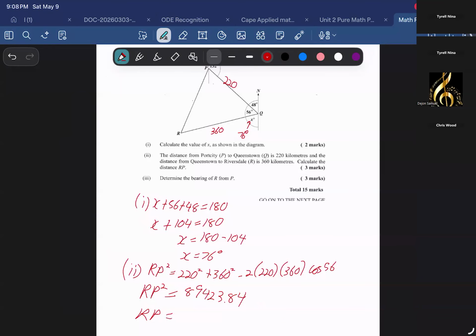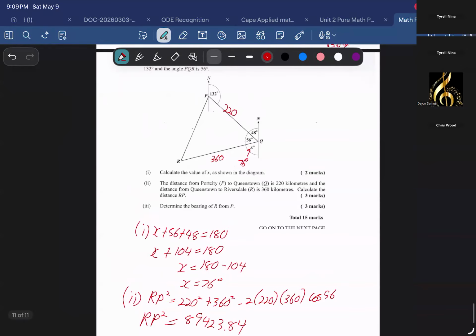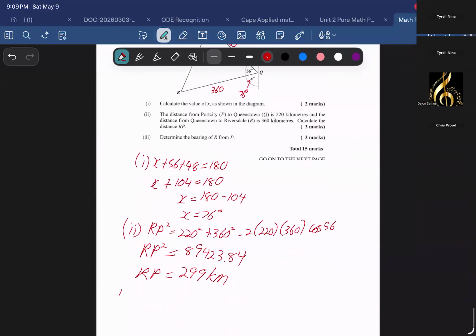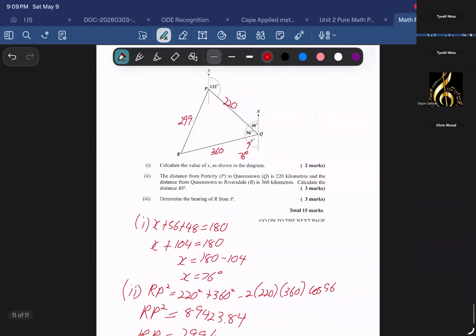So RP is the square root of that, which is 299. So 299.